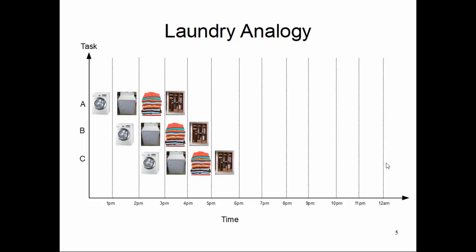Whenever the washing machine is free, the next person starts. Whenever the drying machine is free, the next person starts. In this way, our total time for 3 laundries to be done becomes 6 hours, right? Instead of 12 hours, it becomes a 6 hour task altogether. So throughput becomes 6 by 12, which is half laundry per hour.